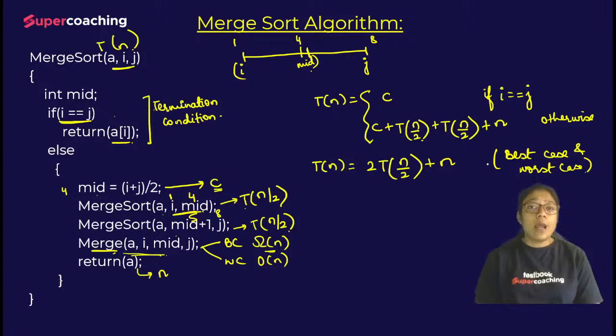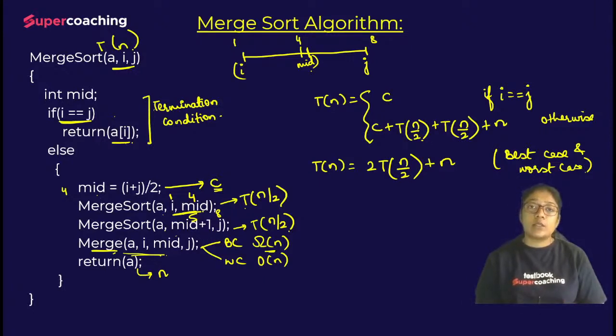This is not adaptive because whether the elements are sorted or unsorted, merge sort takes its own time. It is not going to take less time or more time if the elements are sorted or not sorted. So basically adaptive is about the pre-sortedness of the elements.